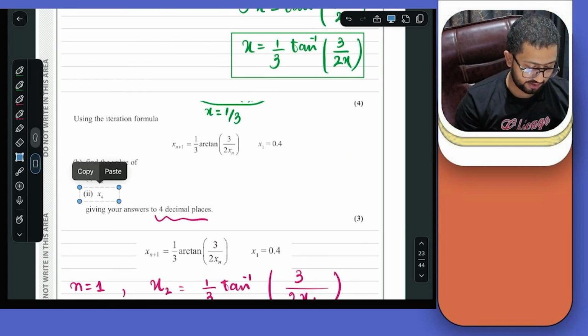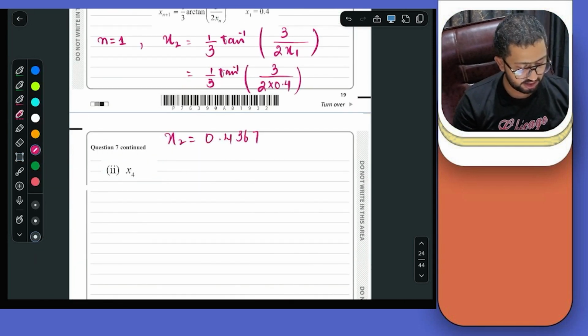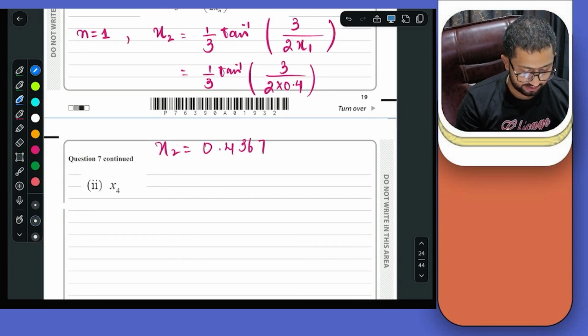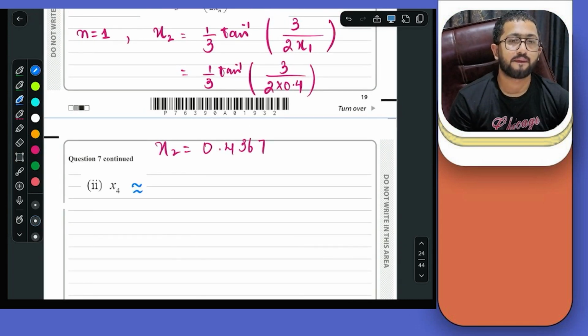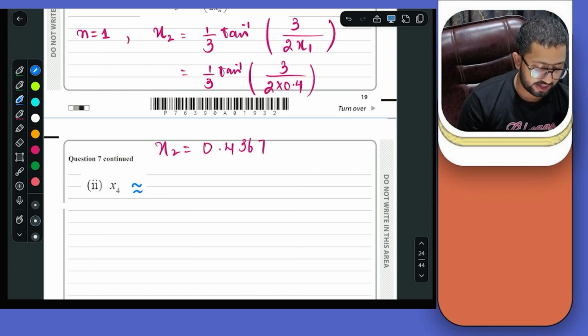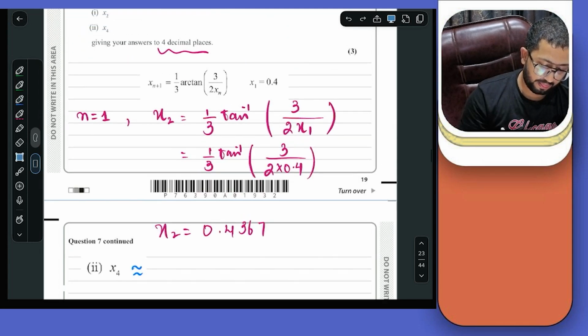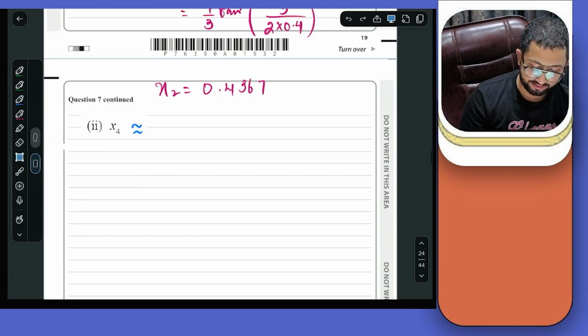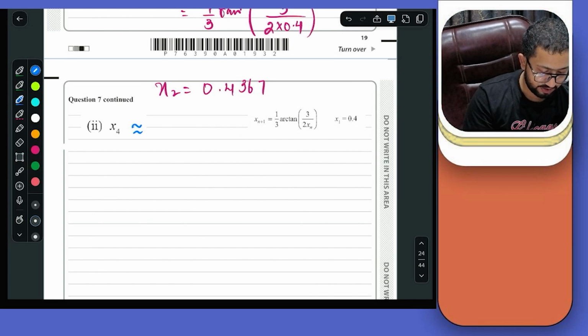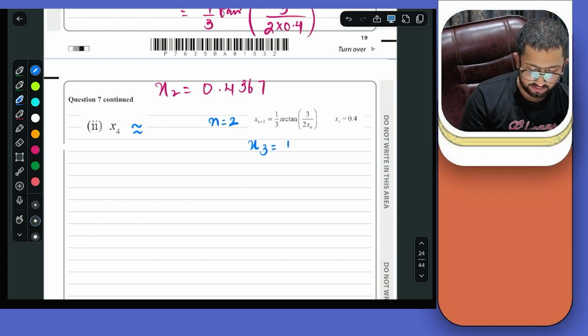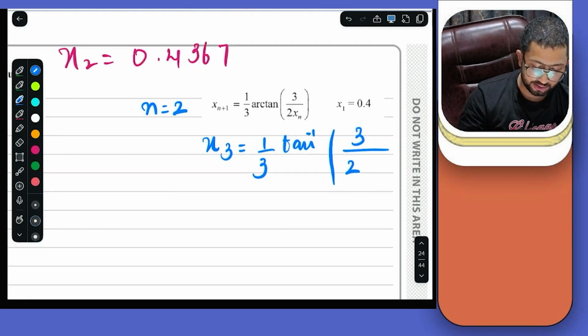Let's figure out the x4 value. It's not necessary to show your working, just write the answer of x4 directly. How can you get x4? First you need to find x3. So put n equal to 2. Then you get x3 equals 1 over 3 tan inverse 3 over 2 times x2.